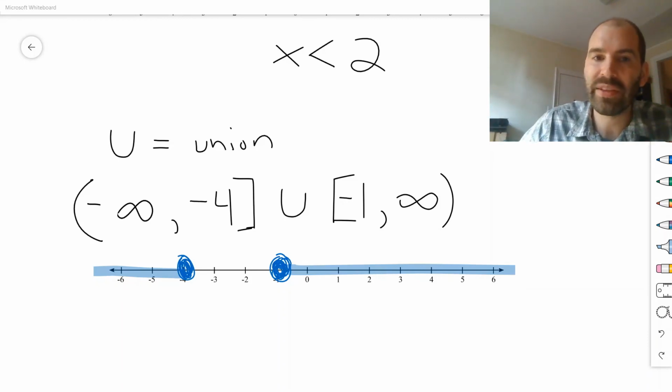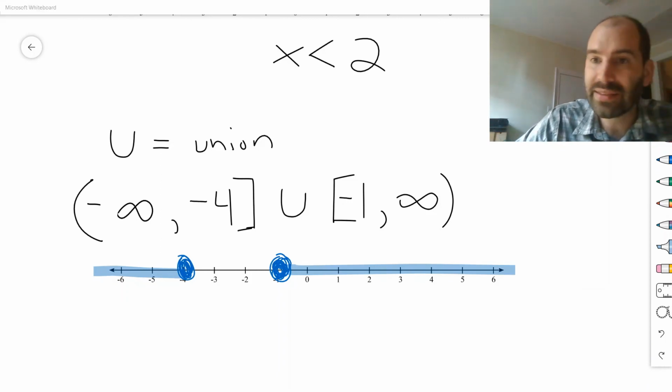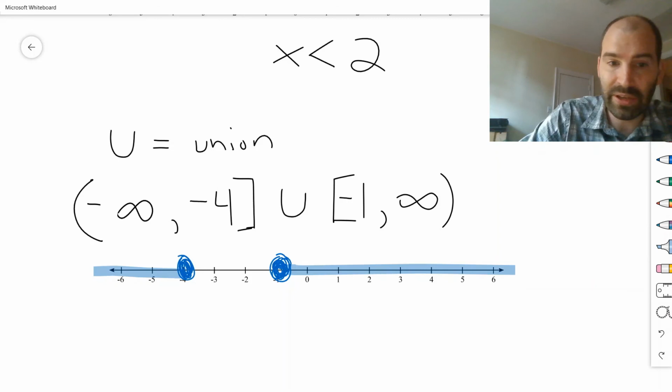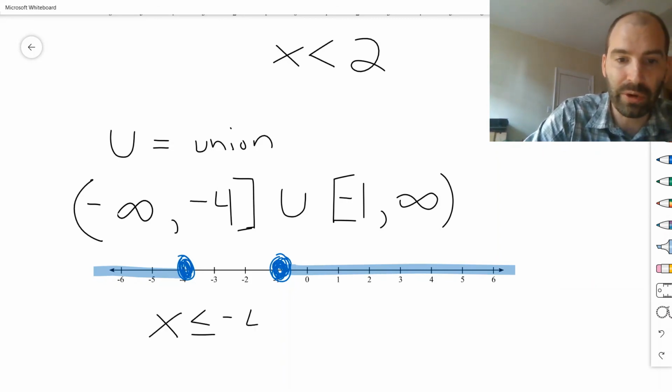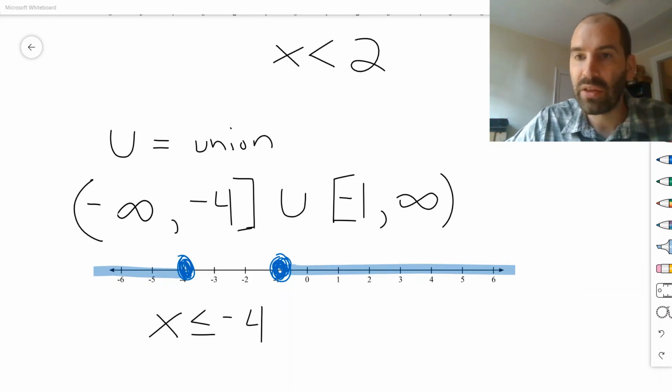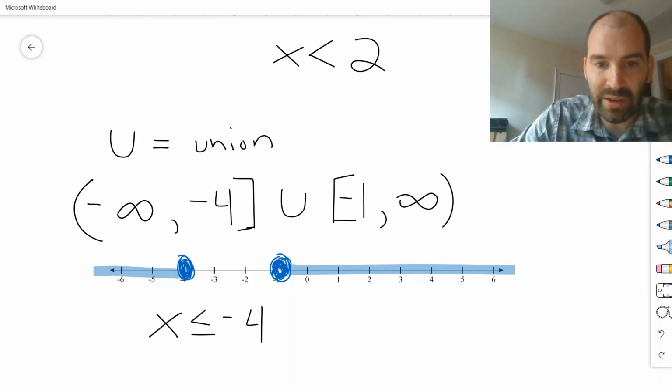How would we write this using inequality symbols? Well, x is less than -4. It's to the left of -4. Actually, less than or equal to -4. And then the part on the right, x is to the right of -1.